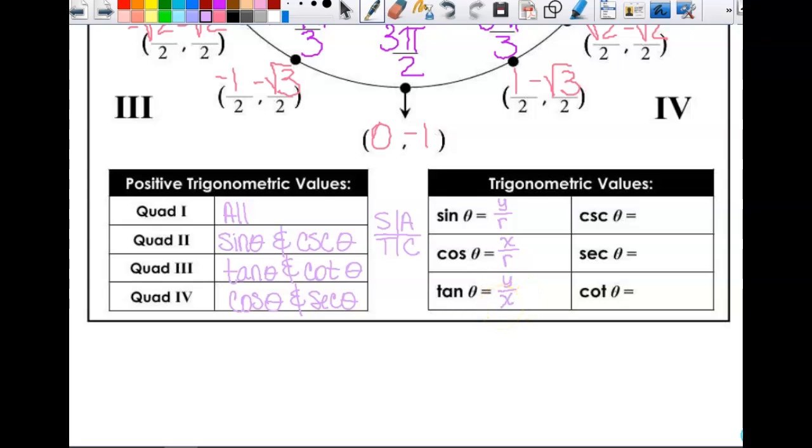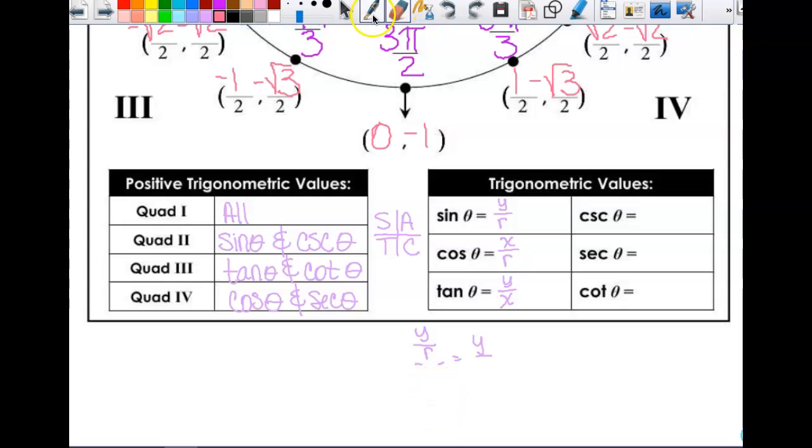And that's true in any of them, because if I did sine over cosine, that gives me y over r... Oh, I put y over x. Golly. Okay. I can't write.